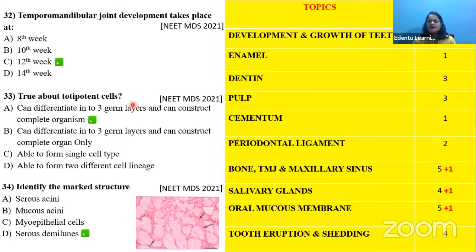They can become anything they want, anything they dream of. Totipotent cells are something like that only. These cells can become anything they want. They can be an ectodermal cell, or an endodermal cell, or a mesodermal cell.